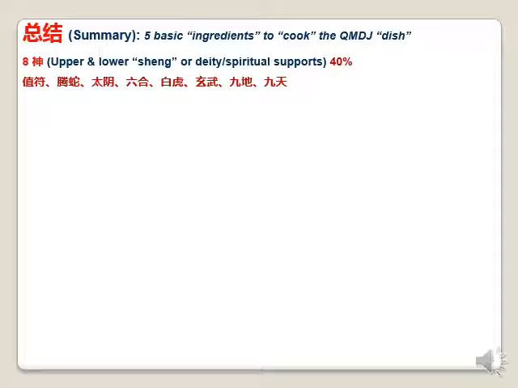So namely they are 直符、腾蛇、太阴、六合、白虎、玄武、九地、九天. In general, the first one 直符, the fourth one 六合 and the last one 九天 are mostly auspicious supports.